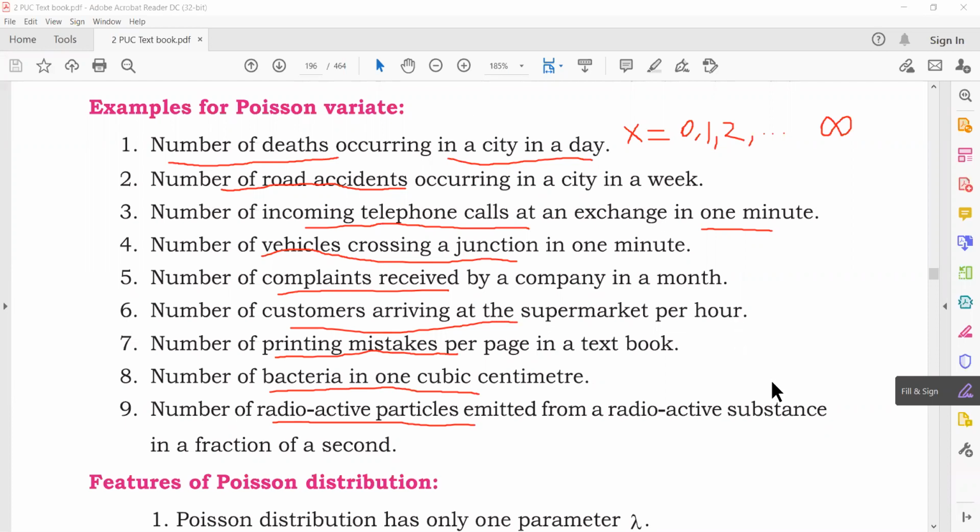So I said, please memorize 2 to 3 examples of binomial as well as Poisson. Now you are clearly understanding the difference. In the case of binomial, we didn't talk about number of deaths, number of road accidents, number of telephone calls. There we fixed the value of n, and then out of n we counted how many.